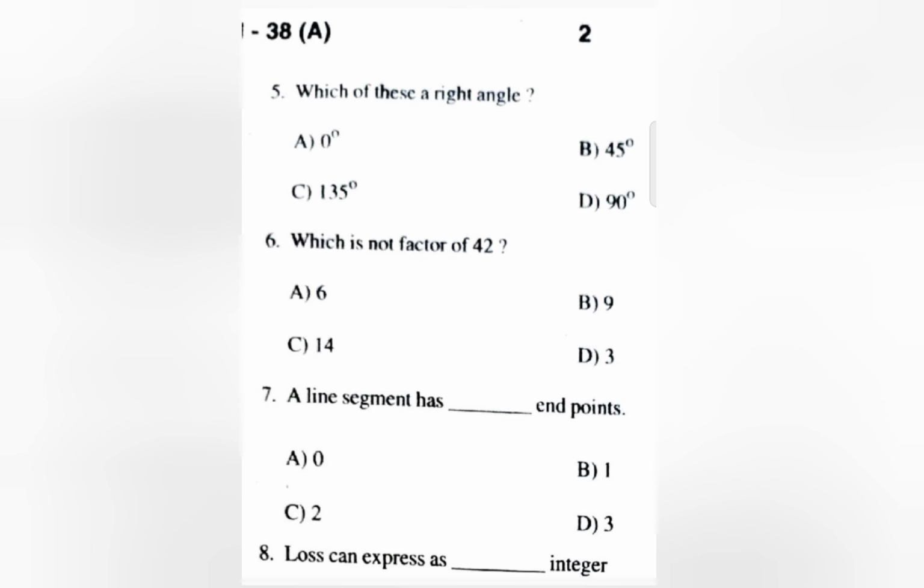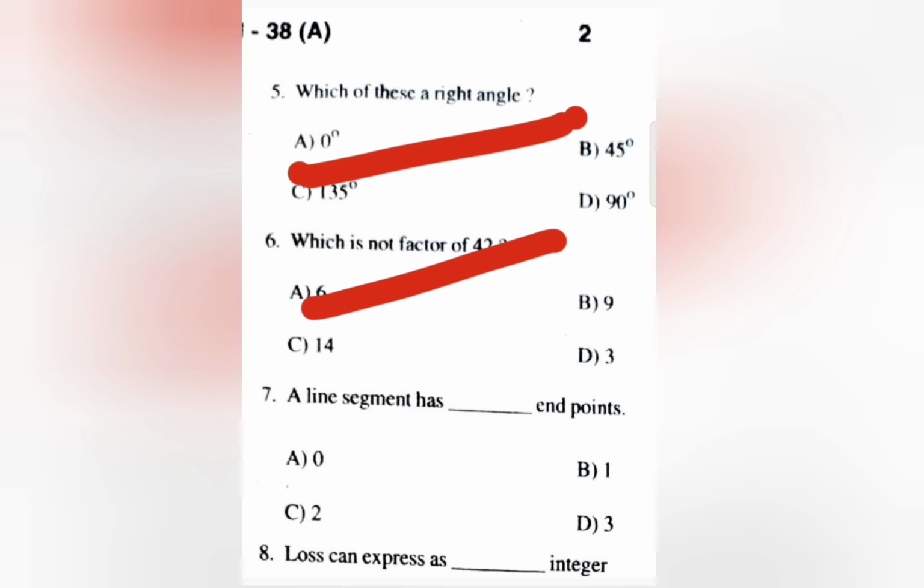Moving on to the seventh problem. A line segment has dash endpoints. A line segment has two endpoints. If a line has only one endpoint, that is a ray.